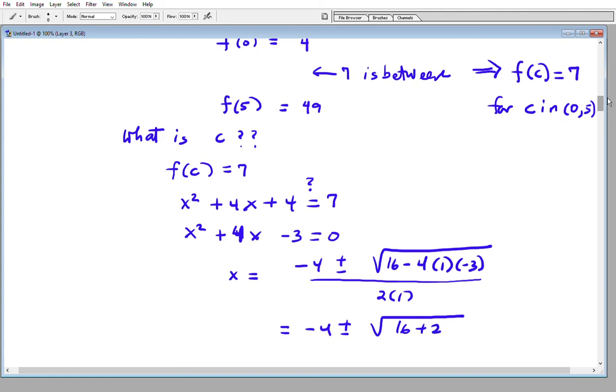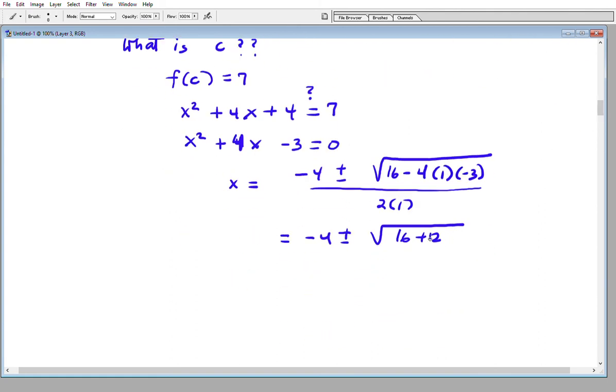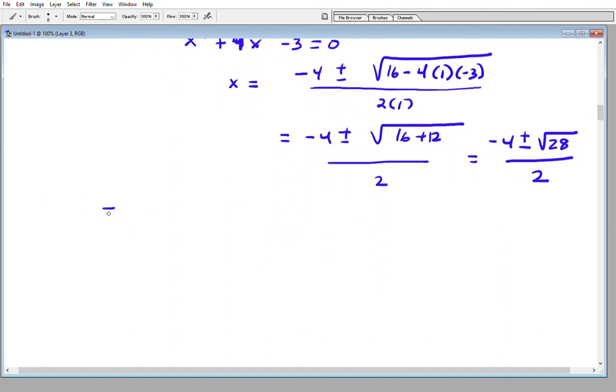Okay, here we have the square root of 28. You can just go straight to your calculator, or I'm going to simplify it a little bit. This is 4 times 7, so here we have 2 root 7 over 2, and let's write minus 2 plus or minus the square root of 7.